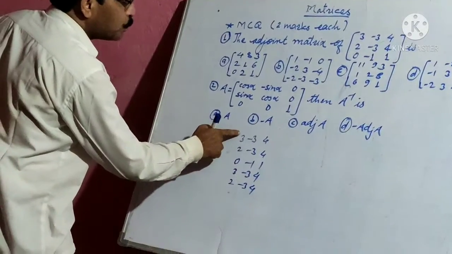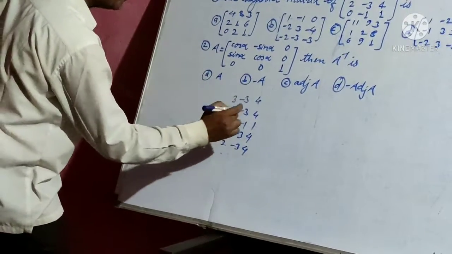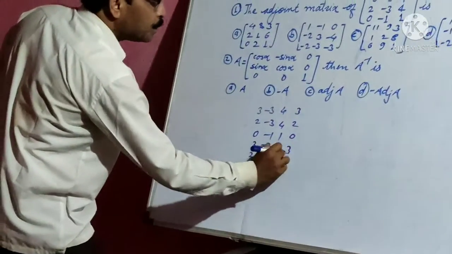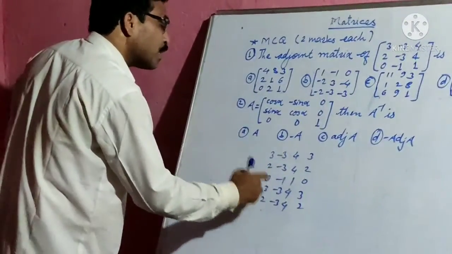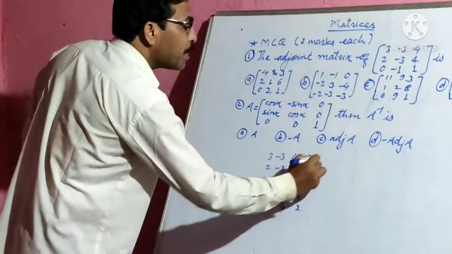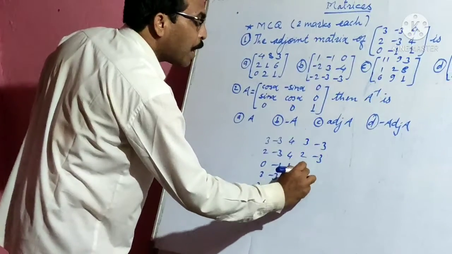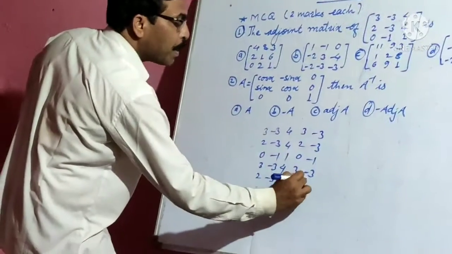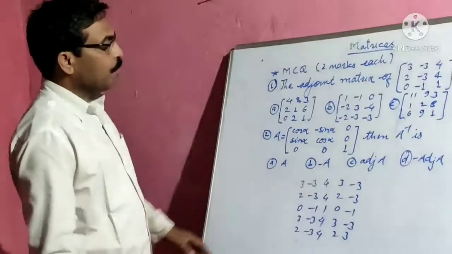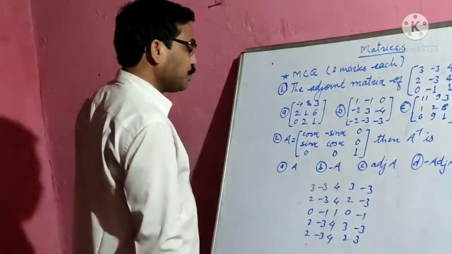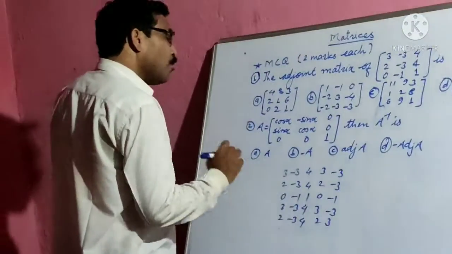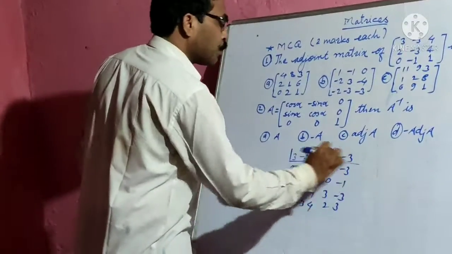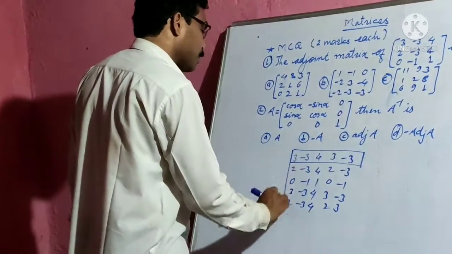After that write down the first column 3 2 0, then again the second column -3 -3 -1, and then -3 -3. Now we have such numbers here. Now from this we have to skip the first row and first column.